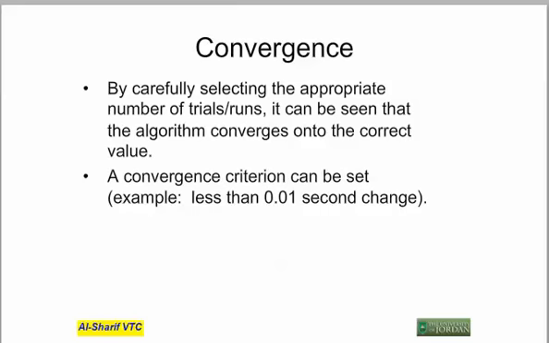So, for example, we can set a convergence criterion by which we say, if there's a change of less than 0.01 of a second in the round trip time, then it means that we have converged. There's no point in doing more trials. For example, 100,000 runs is sufficient. It might sound like a lot, but in fact, with the power of today's PCs and computers, that will hardly take a couple of seconds to run.